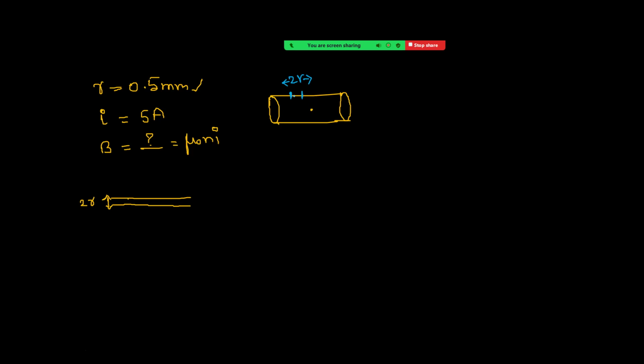That means in a length of 2R, only one turn is present.